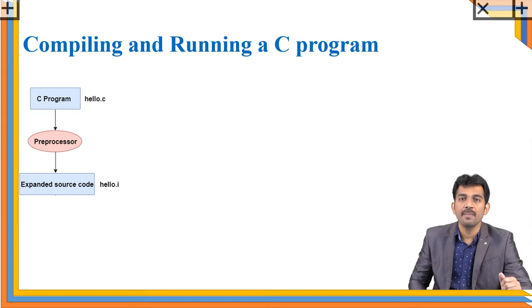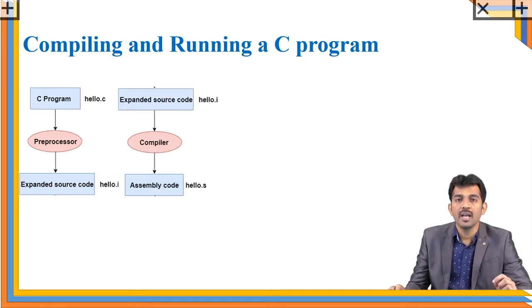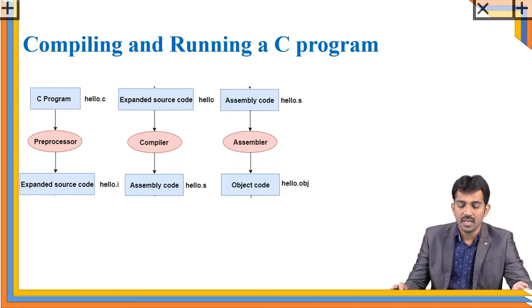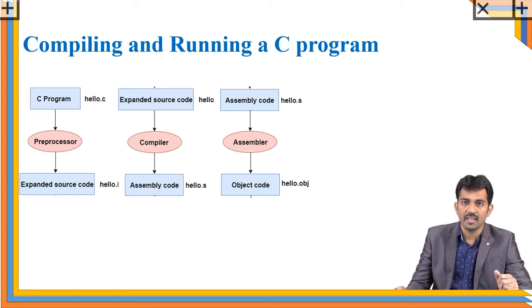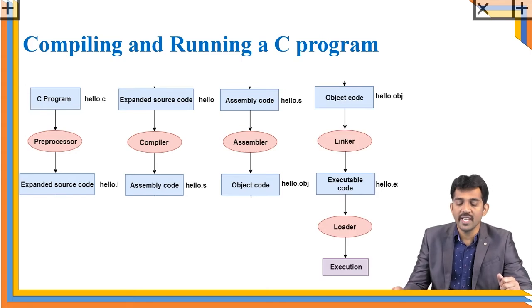After that, this expanded source code is given to the compiler. The compiler is going to convert your code into assembly code. Next, this assembly code is converted into object code by the assembler. After that, the object code goes to the linker.